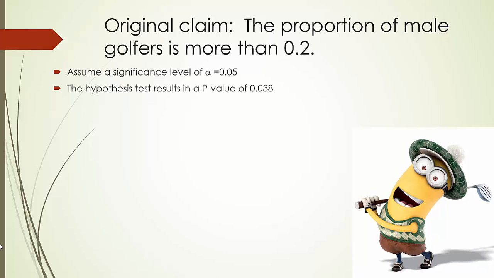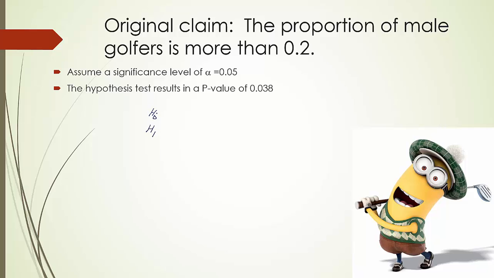In order to do a hypothesis test, we need to start with our hypothesis. And we know that there have to be two of them. So we have to have a null hypothesis, which we would call H0 or H-naught. And we have to have an alternative hypothesis, which we can call H1 or HA.